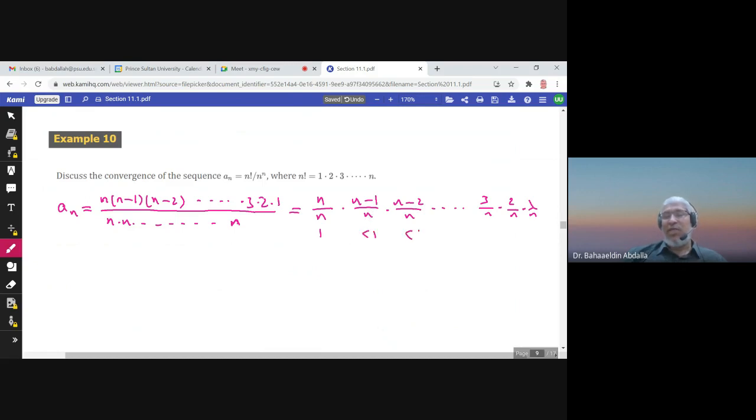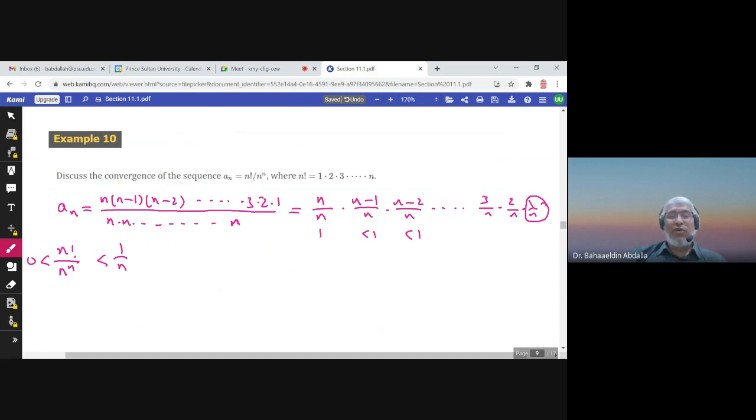All of these terms are less than 1. So this sequence is less than, not equal, 1 over n, the last term. If you multiply by numbers less than 1, the result is less. So n factorial over n to the power n is less than 1 over n.